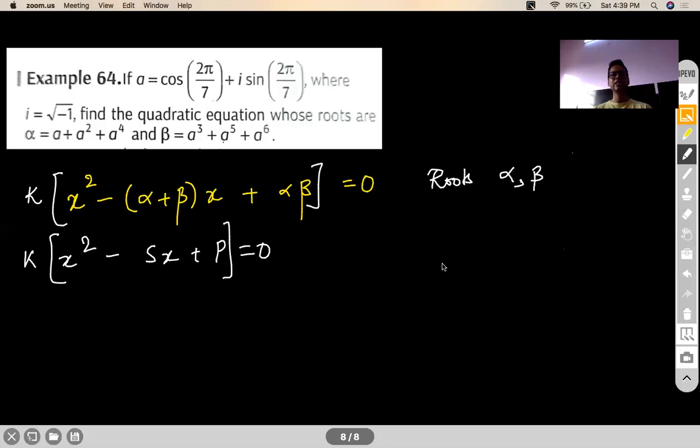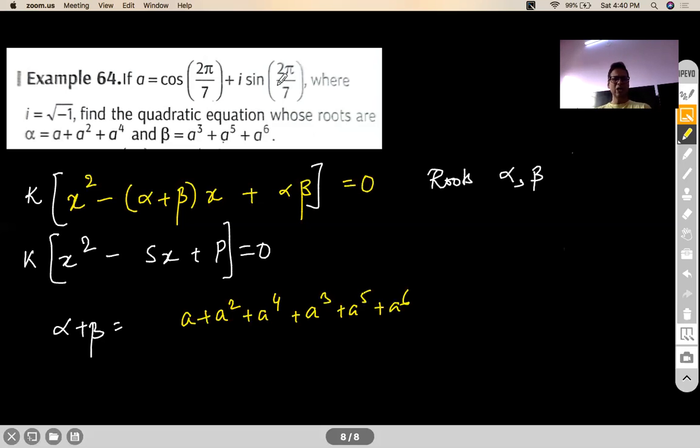Okay. Now, if you want sum of alpha and beta, means you're trying to add these two. So you're trying to add a square, a4, a cube, a5, a6. Okay. Now, something very important over here. If you observe this, you'll realize that this is one of the 7th roots of unity.